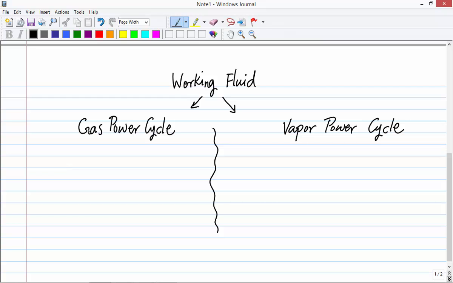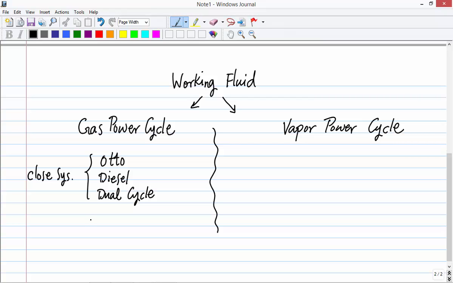So in the gas power cycle, we can have the Otto cycle, diesel, and dual cycle, which is a combination of diesel and Otto somehow. In all these three different gas power cycles, the system would be some sort of closed system, because the process would happen in just a piston cylinder device.